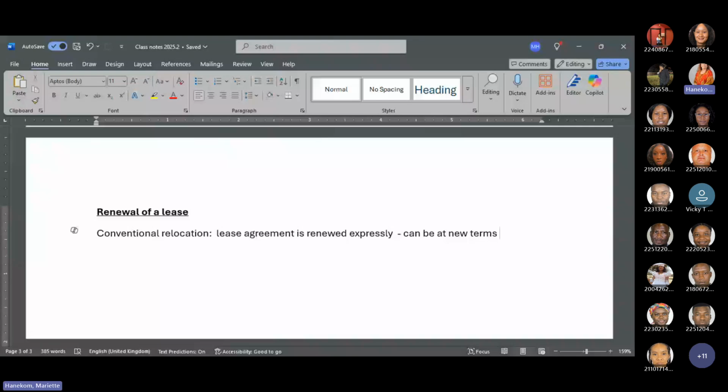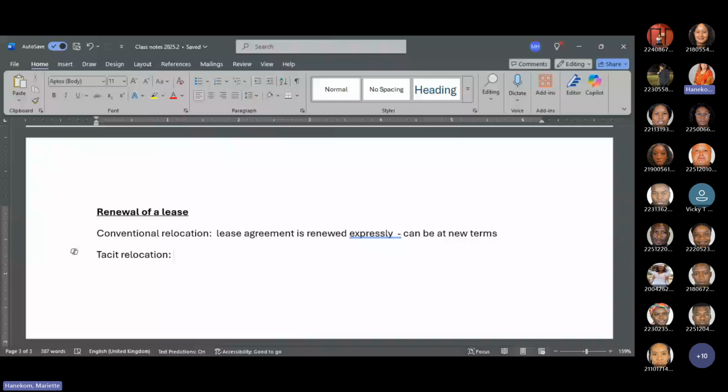But something you might not be aware of is that it's also possible that a lease agreement can be renewed tacitly, quietly, known as a tacit relocation. This is an implied agreement.